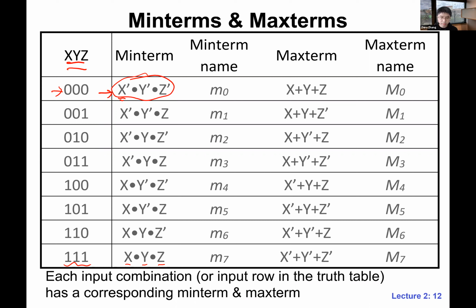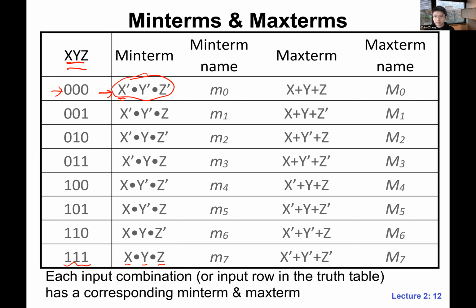We have 8 possible min terms. Looking at all these min terms, how many of them will be 1? I'll give you guys a minute. The answers are already rolling in. It should be just 1. Exactly 1 min term will become 1. The other min terms will be zeros.